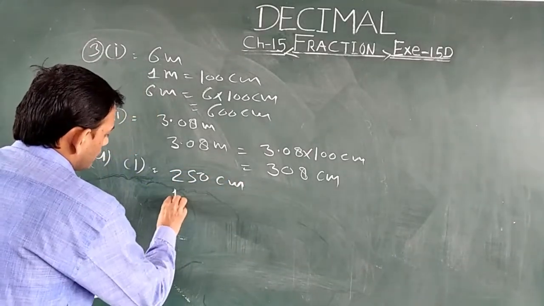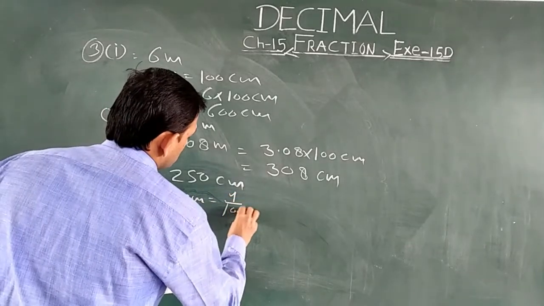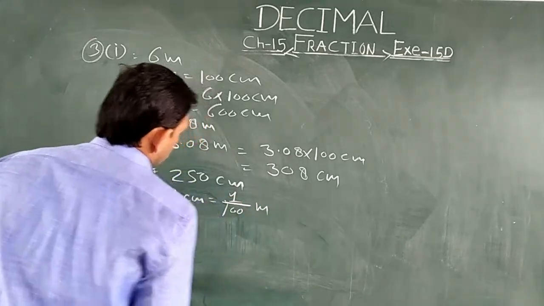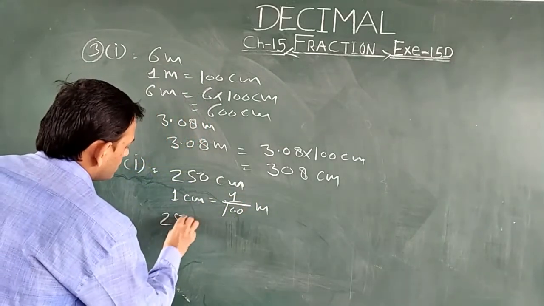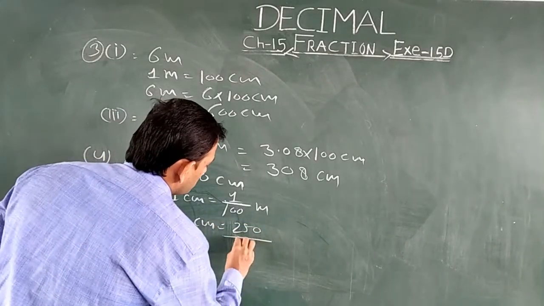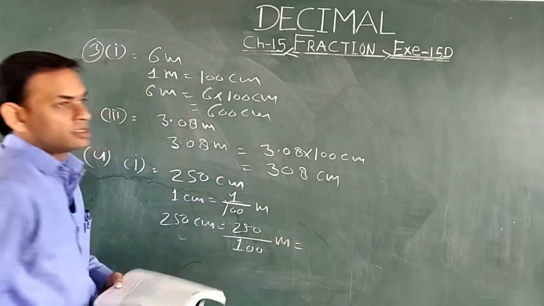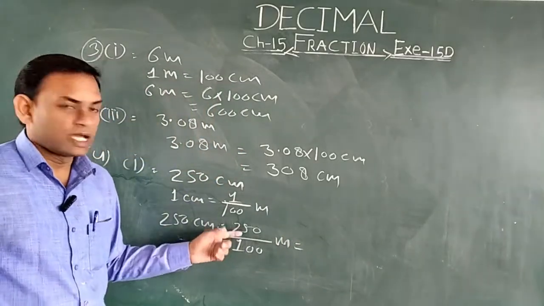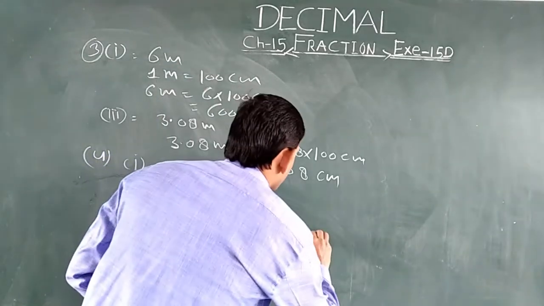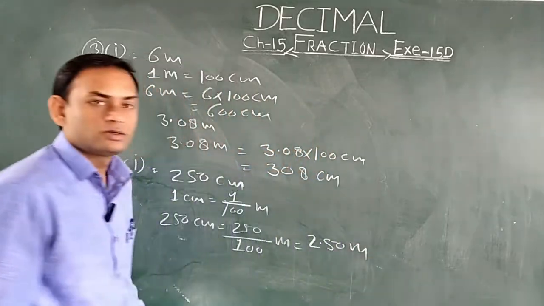As you know, 1 centimeter is equal to 1 upon 100 meter. So 250 centimeter will be 250 upon 100 meter. And when you divide any number by 100, you put the decimal after 2 digits. So it will be 2.50 meter.